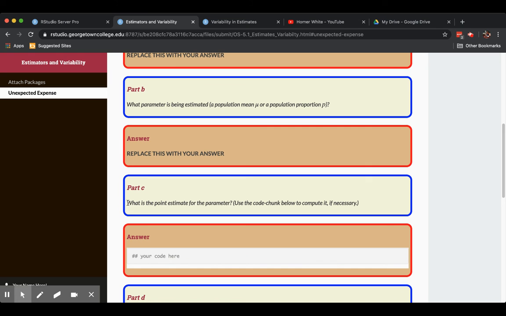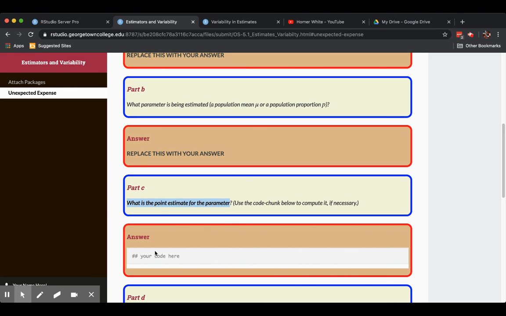What is the point estimate for the parameter? Once you know what parameter is being estimated, then you know what point estimate you've got to make. If it's a population mean, then you need to compute a sample mean. If it's a population proportion, you've got to compute the sample proportion from your data.